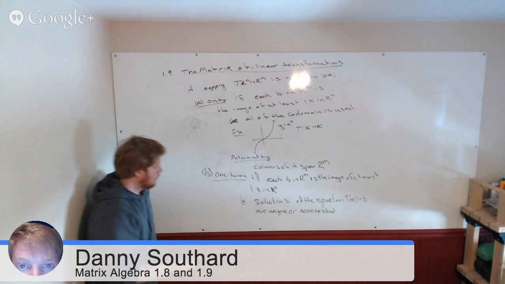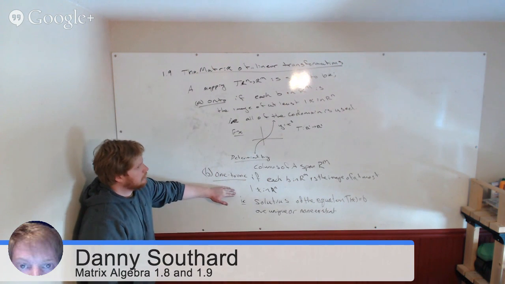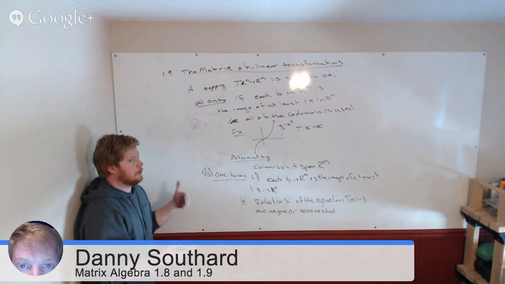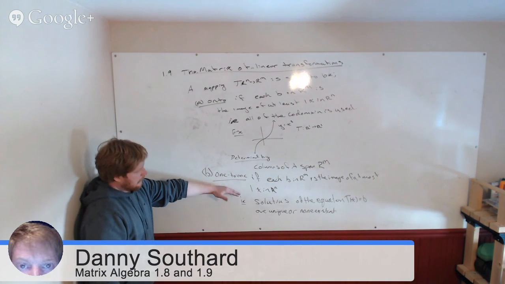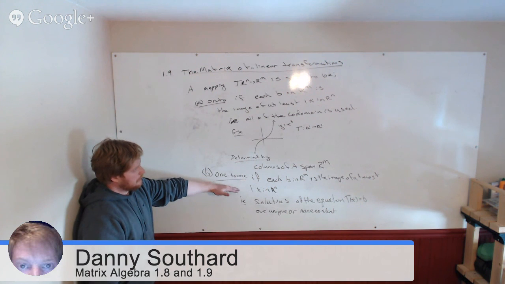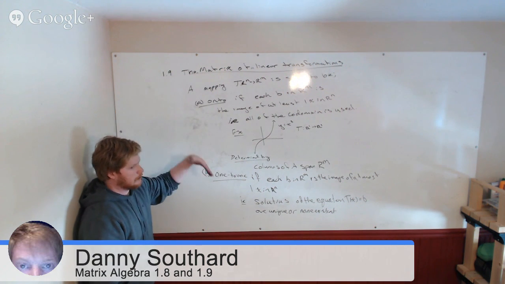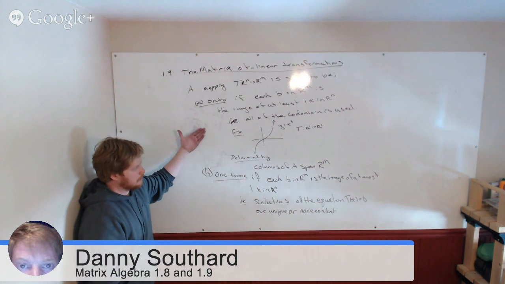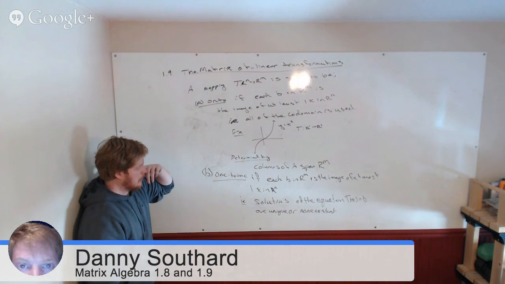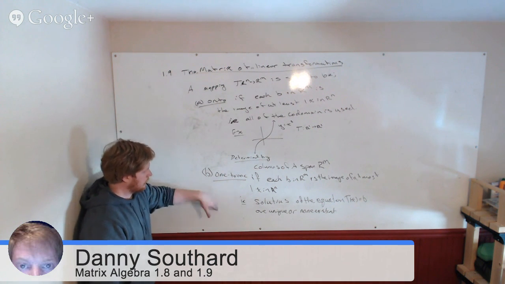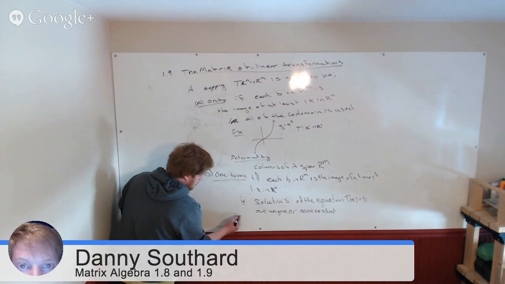Okay. So this just means that if some pre-image is going to some image in B, it is the only pre-image that is going to an image in the codomain.